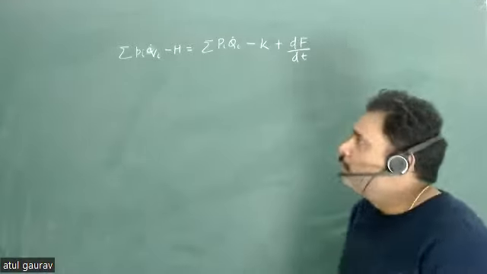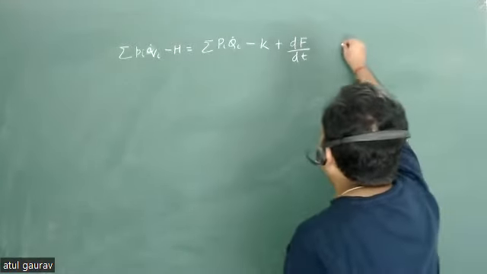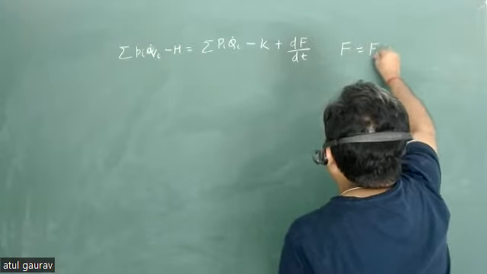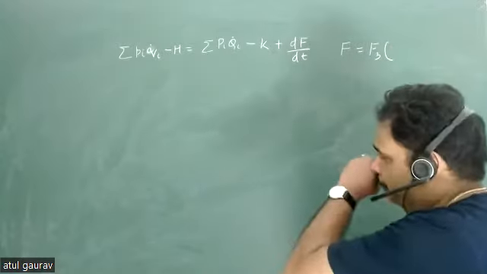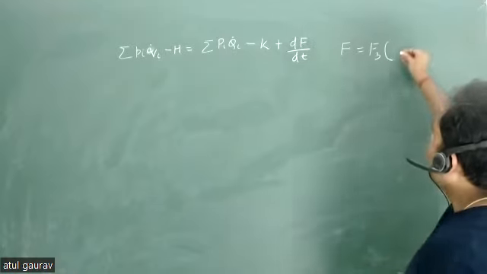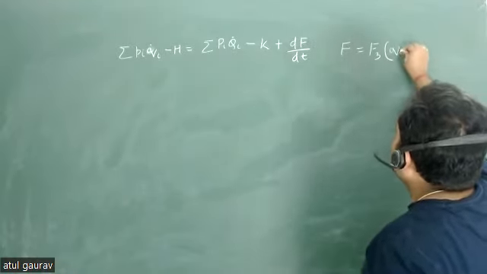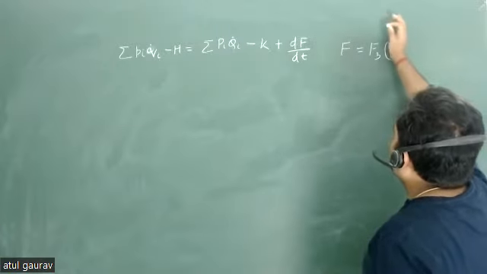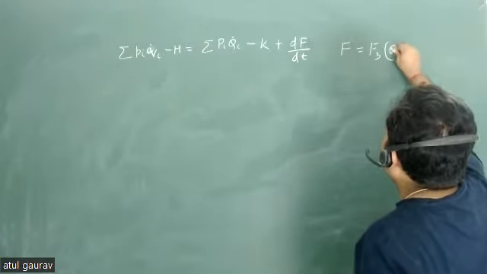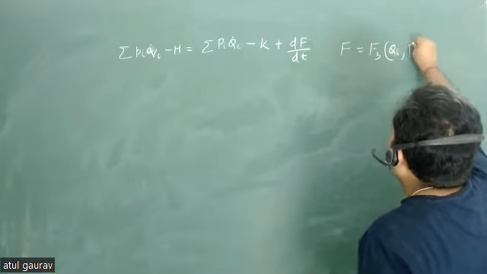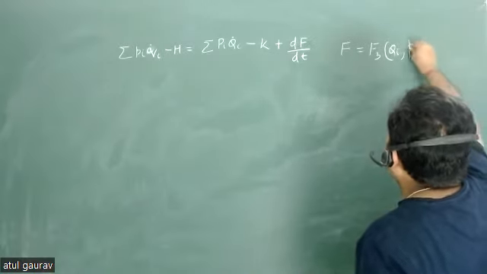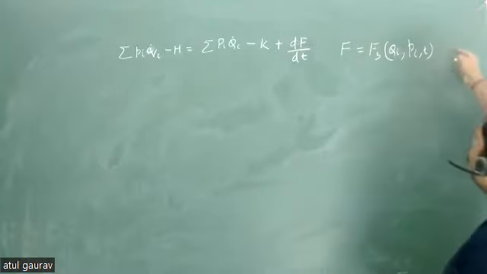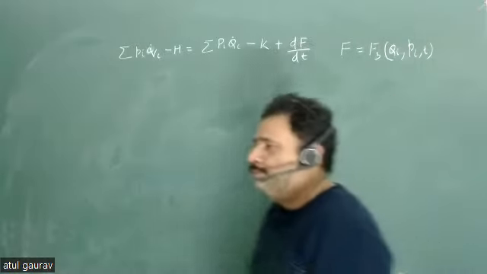Now we are just going for what? F3 type generating function. So f can be written as F3 type generating function, and this will be a function of capital Qi, small pi and t. Now should I go for some plus or minus?